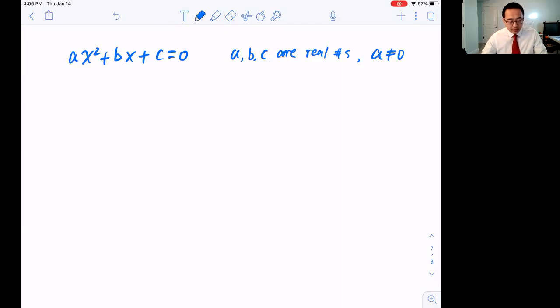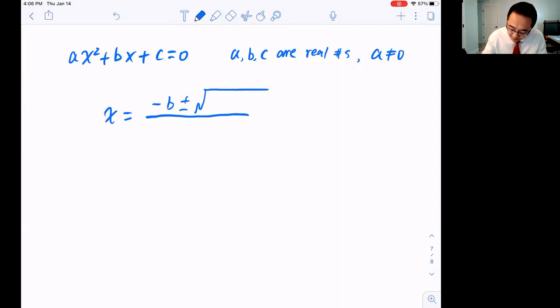And I'm sure you all hopefully still remember the solutions to your quadratic equation, right? So that is x equals -b plus or minus the square root of b squared minus 4ac, divided by 2a.